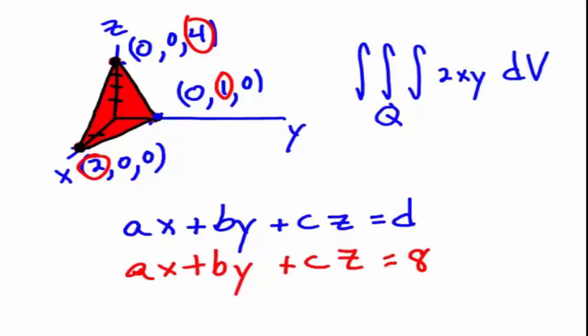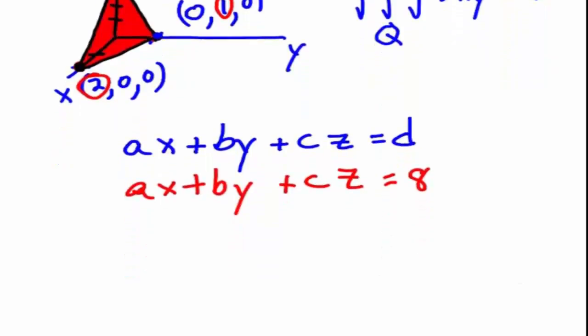Now, if you think about it, in order to get an x-intercept at 2 on the x-axis, think about how the x-intercept is found. You'd plug in 0 for y and 0 for z and just end up with ax = 8. In order for the x-intercept to be 2, a would have to be 4.